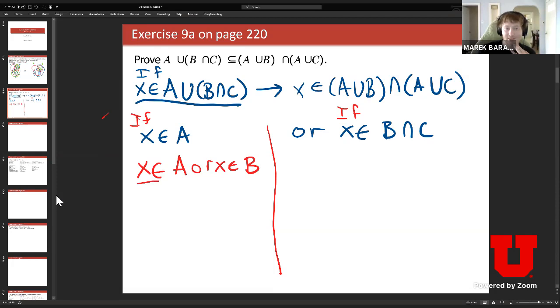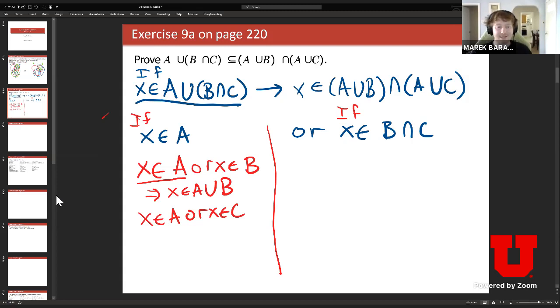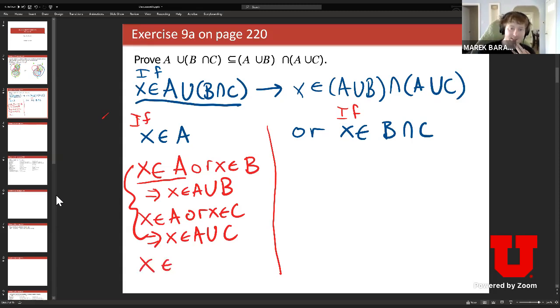Because this is true. And this means that x is in A union B. Similarly, we know that x is in A or x is in C. And this means that x is in A union C. Since both of these are true, we can say that x is in A union B intersect A union C. Any questions on that?